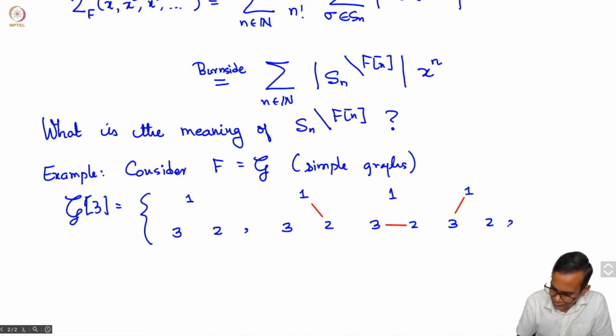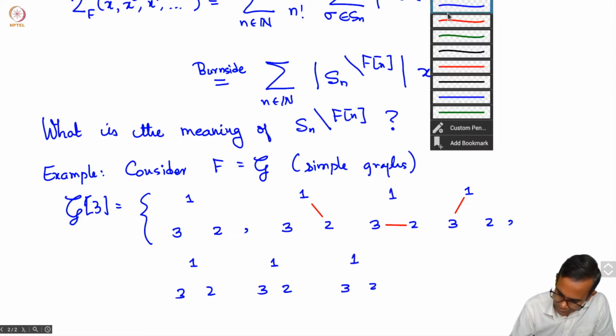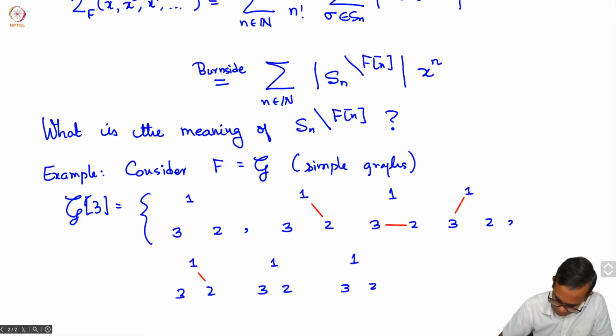Then there are three graph structures with two edges. So you can put on 1 2 and 2 3, or 2 3 and 3 1, or 3 1 and 1 2.